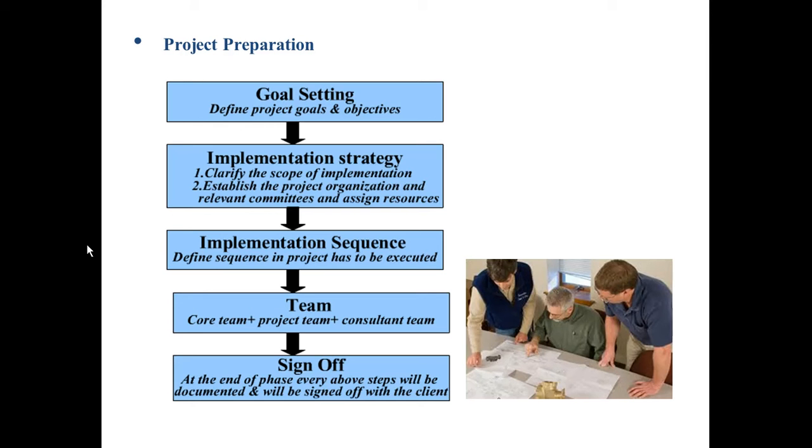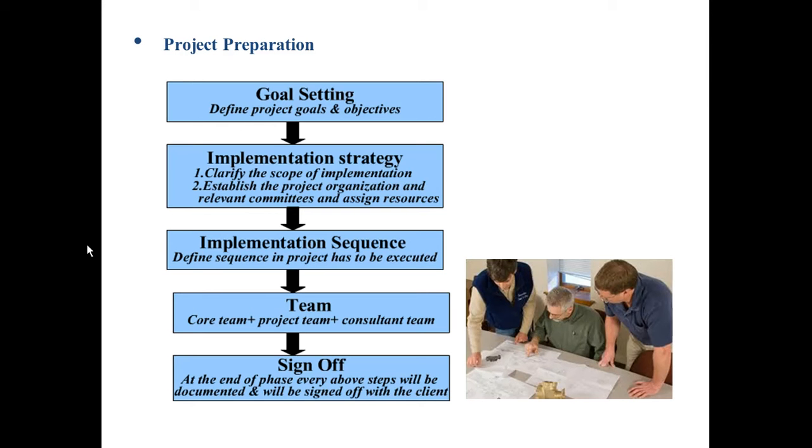As the slide mentioned, in this project preparation, first I need to decide my goal: what I need to do for this whole implementation project, what is my objective from this project. Once I have my goal, then I can decide my implementation strategy.